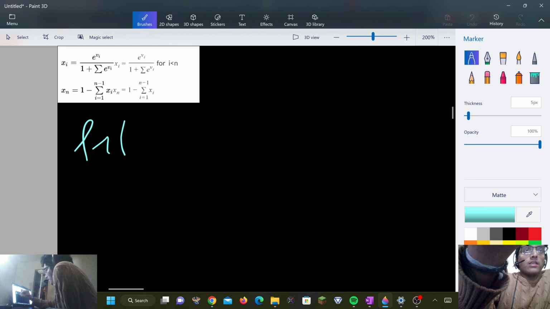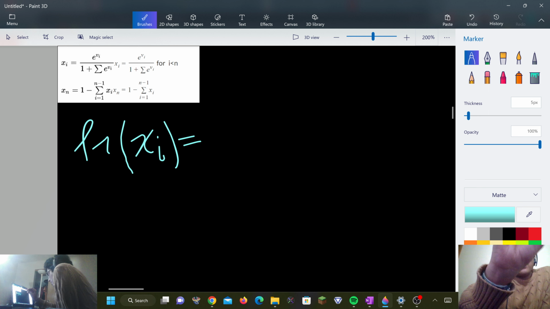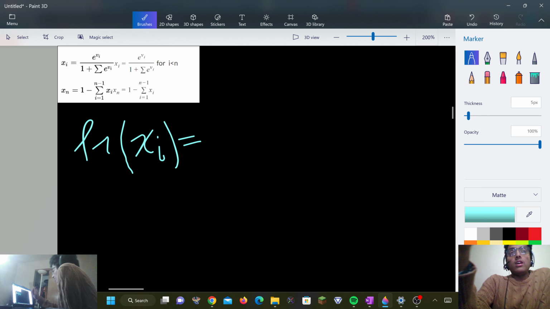So ln x_i equals, we can take the ln of the top minus the ln of the bottom because of log rules, which tell us that the ln of a division, you can just subtract.